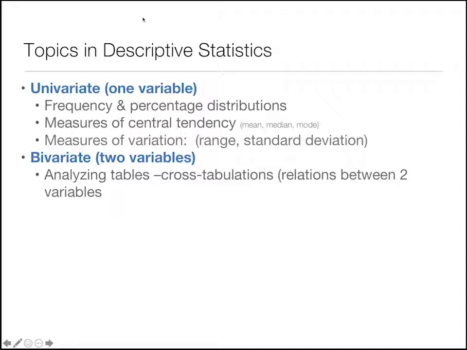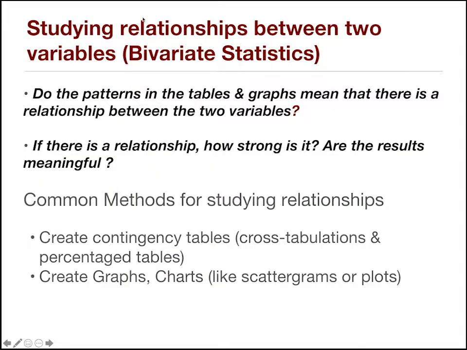And measures of variation, there's lots of them, but we're just focusing on, again, making this very basic, the range and the standard deviation. And moving into bivariate, like we did for the last lab, analyzing tables and crosstabs and things like that. And we're looking for potential relationships between variables. So bivariate statistics, that's what it's all about.